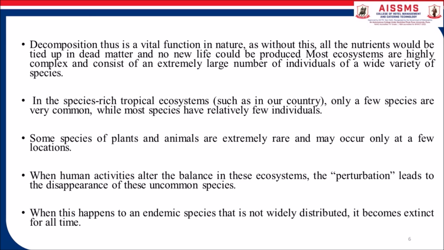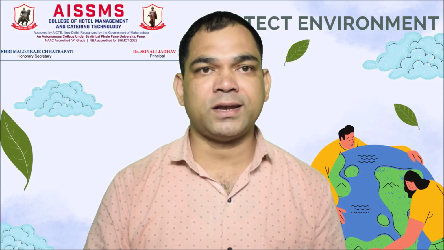Some species of plants and animals are extremely rare and may occur only at a few locations. These are said to be endemic to these areas. When human activities alter the balance in this ecosystem and this happens to an endemic species that is not widely distributed, it becomes extinct for all times.